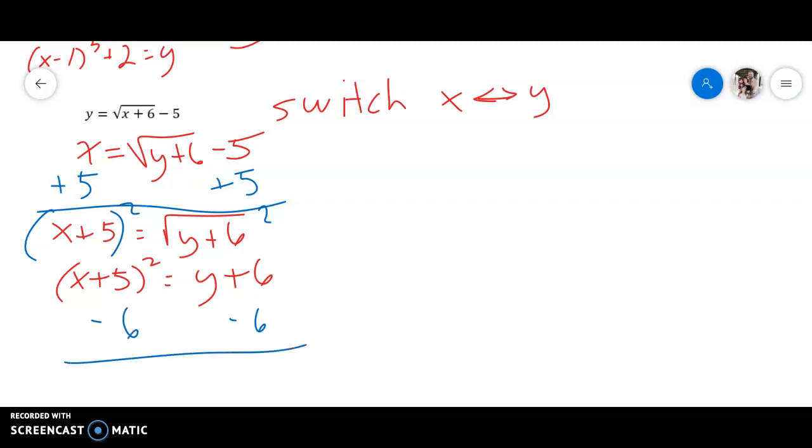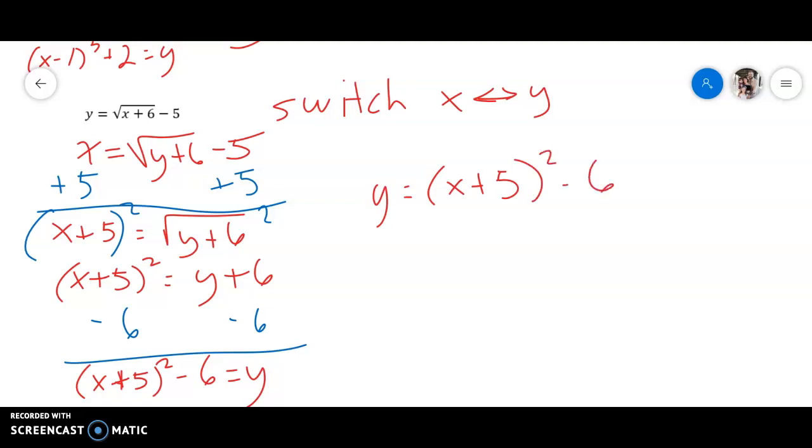And I end up with (x plus 5) squared minus 6 equals y. You will notice that inside the parentheses and outside the parentheses, they don't combine. Okay? So my inverse relation here is (x plus 5) squared minus 6.